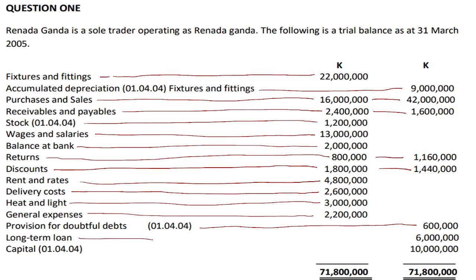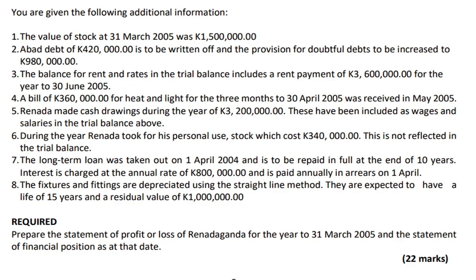Then I've got a long-term loan, which is 6 million there. Then we have got a capital there, which is the 10 million. When you add your debit side and your credit side, it's supposed to be equal, giving us 71,800,000. Now, there are adjustments after these questions, which we describe as additional information.